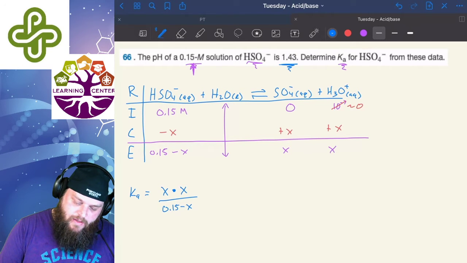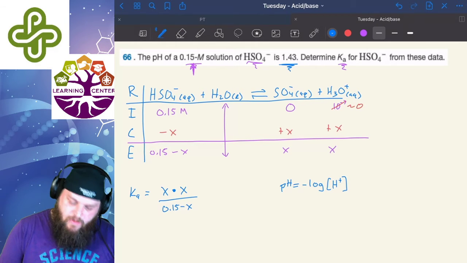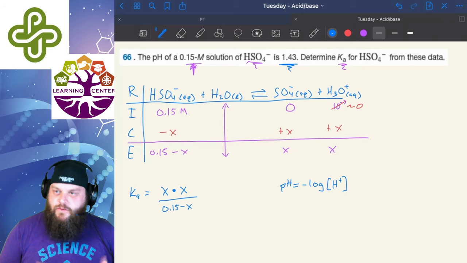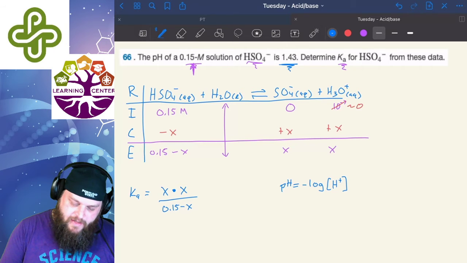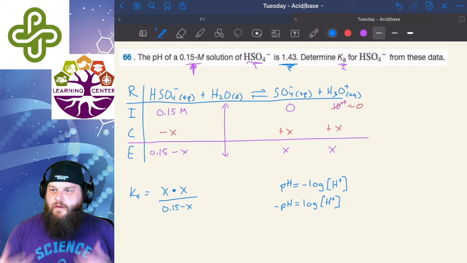So how we can do that is we know that the pH is equal to the negative log of the concentration of the hydrogen ions, or hydronium. So we can then multiply each side by -1. So we have the negative pH is equal to the log of hydronium, or hydrogen ions. And then we can take each side, say 10 to the power of that side.